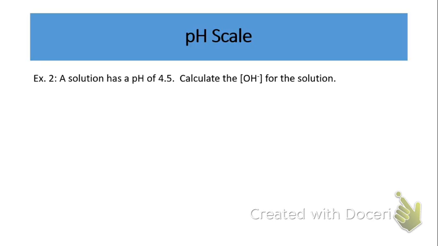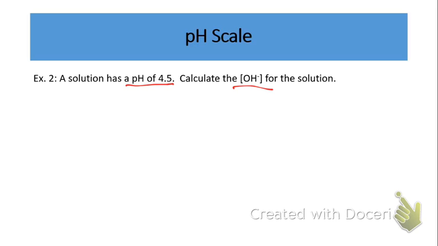All right, so now we have a solution with a known pH. The solution has a pH of 4.5, and now we need to calculate the hydroxide ion concentration for this particular solution. This is going to be a little bit backwards from what we did in example problem 1.